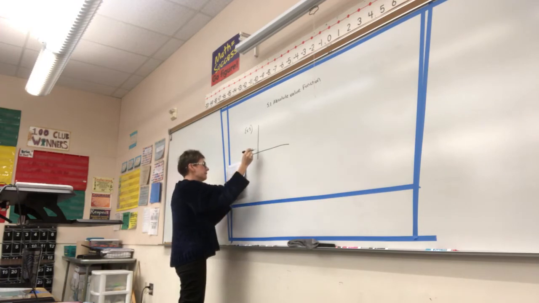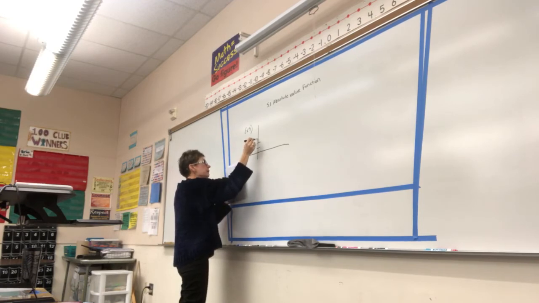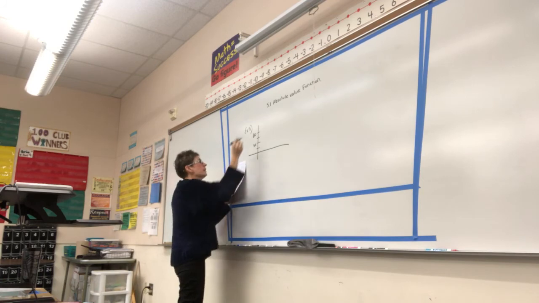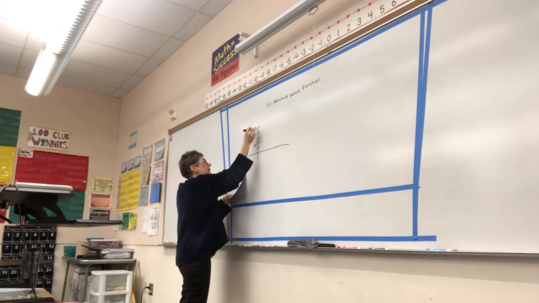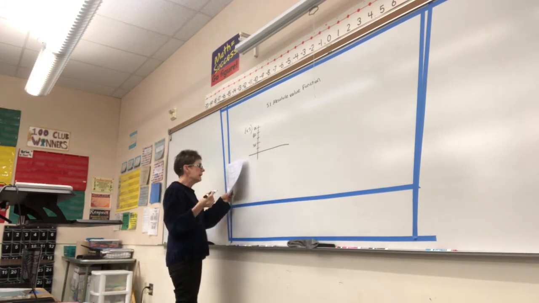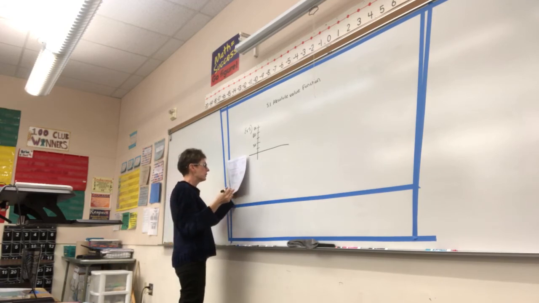But we're going to skip count by 15s on the y-axis. So I can mark off 15, 30, 45, 60, and so on. This would be 75. And then on the x-axis, we're going to skip count by quarters.